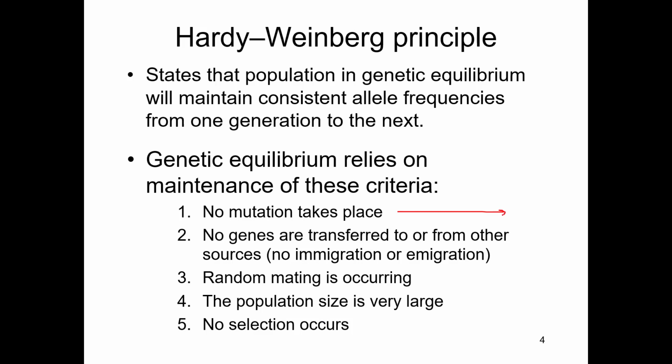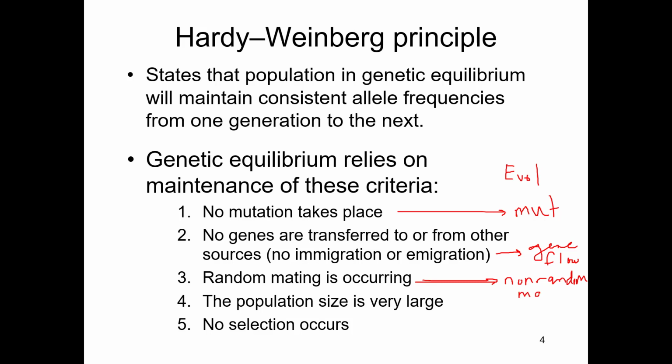So over here, these are the 5 criteria for equilibrium. Here are the 5 drivers of evolution. So high rates of mutation, high rates of gene flow, non-random mating, which means selective mating, which means individuals are choosing their mates based on preferred phenotypes.